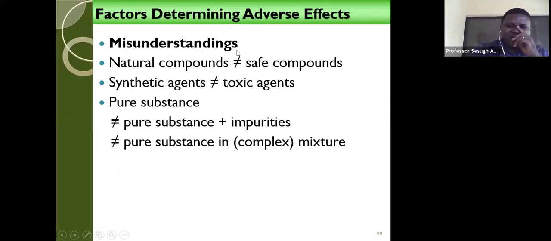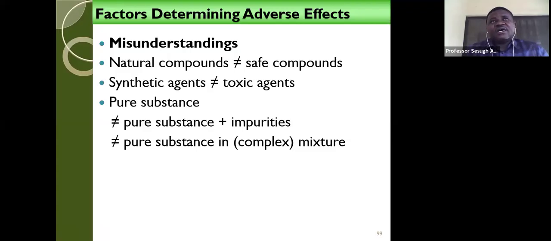Now, there are some misunderstandings about what we refer to as these chemicals or substances that cause injury or affect us. We'll clear them here. Some believe that natural products are safe.